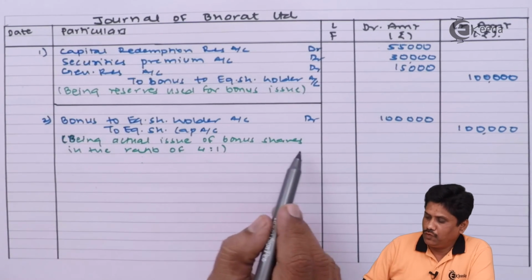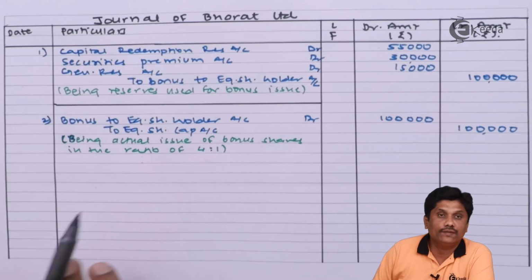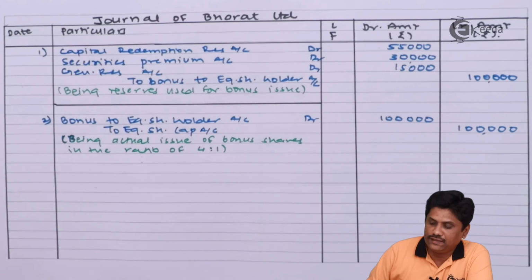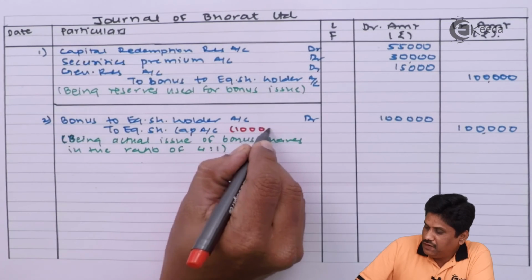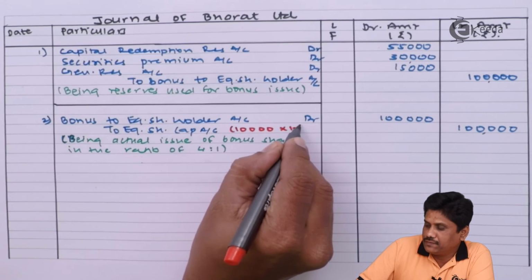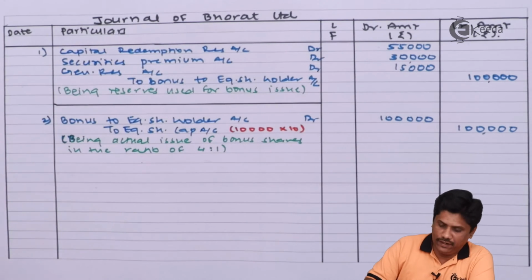Being actual issue of bonus shares in the ratio of 4:1. How many shares were issued? 10,000 as we know, having a face value of rupees 10. This will be credited to the capital.